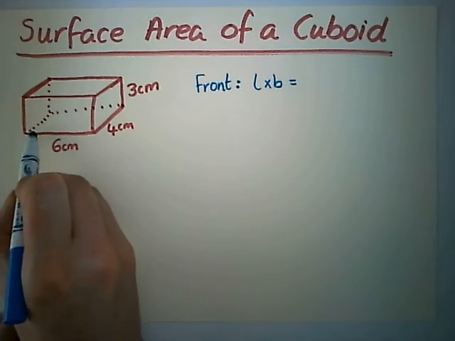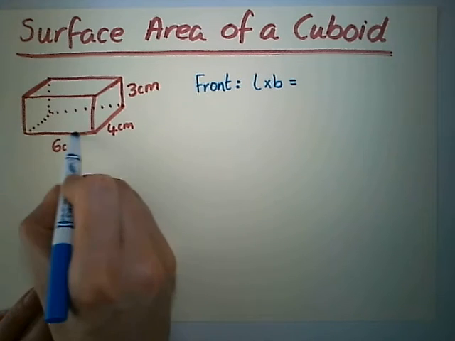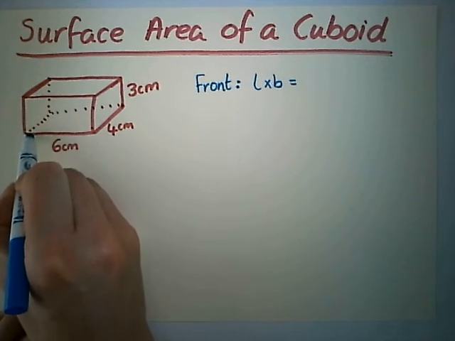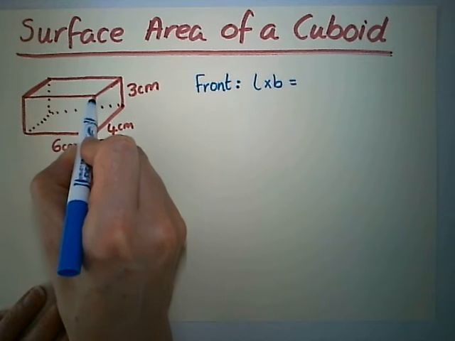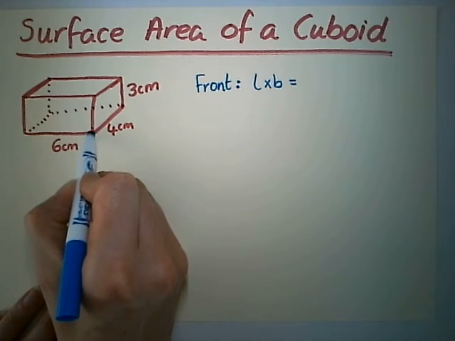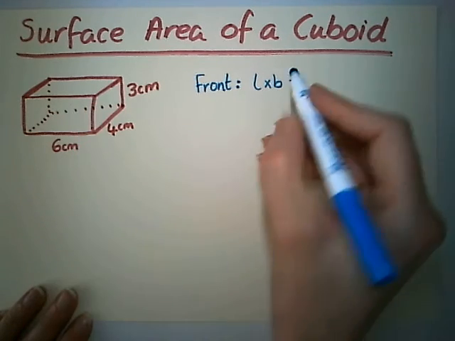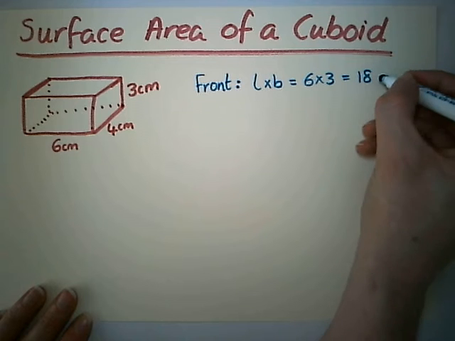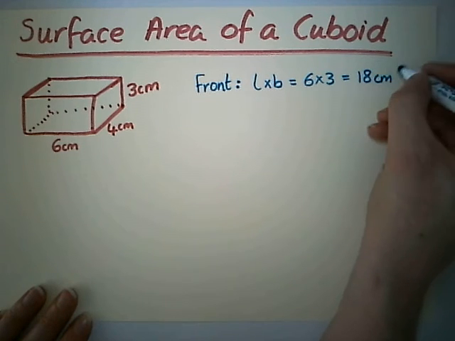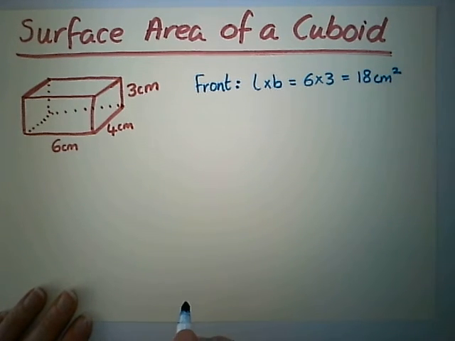So the front, if you look at the front part, it's this rectangle here. So the length is the 6, and the breadth, if this was lying flat, that would be a 3. So 6 and 3. So 6 times 3 is 18. And because it's an area, it would be centimetres squared.